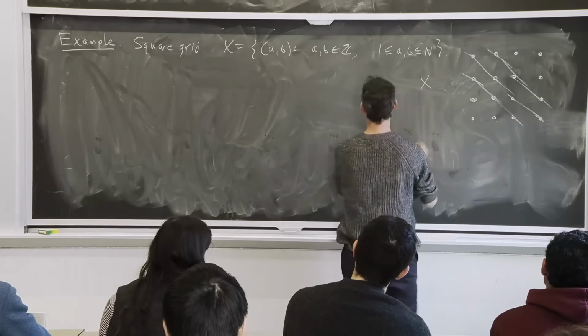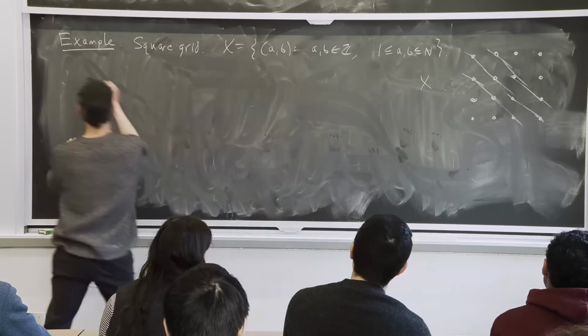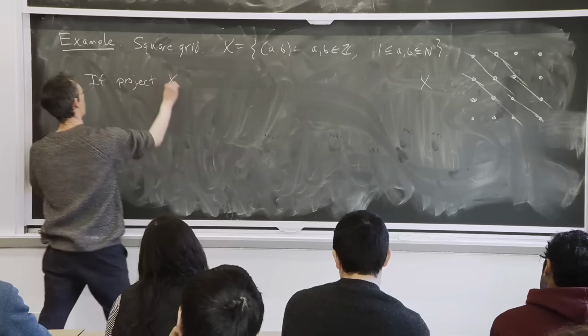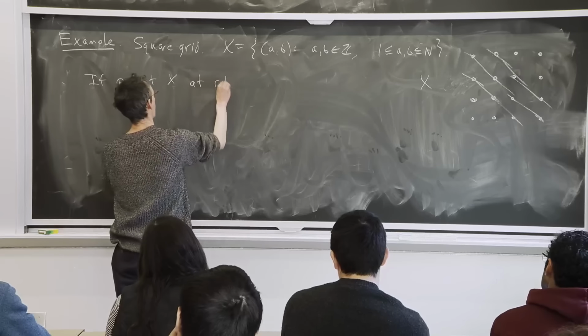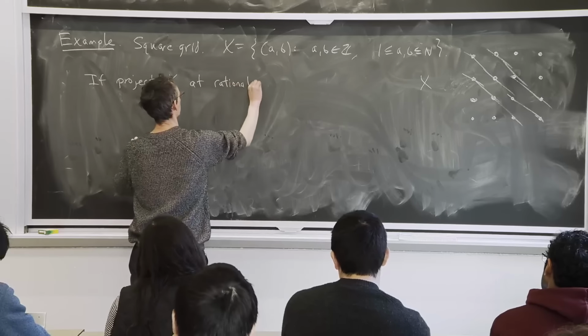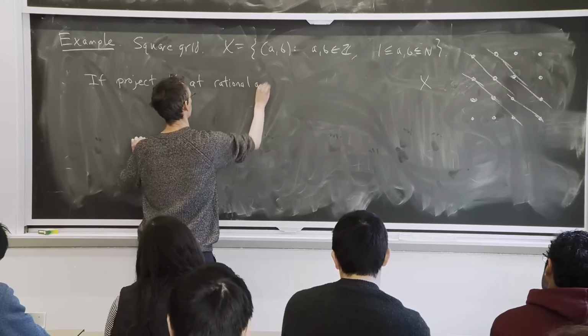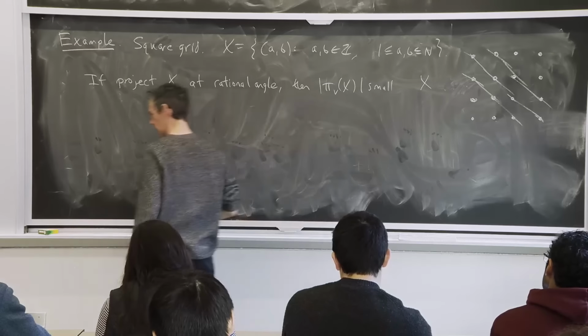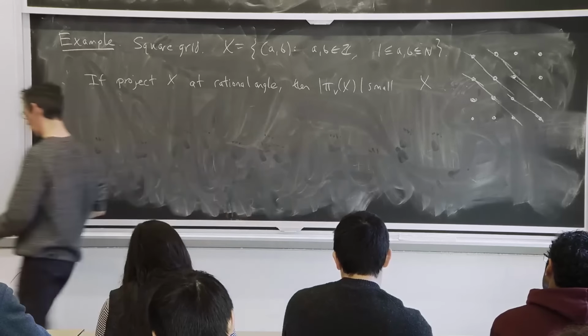Yes. OK. So if we project X at a rational angle, then pi V of X would be small. I'll draw one more, which I think is enough to get the idea.